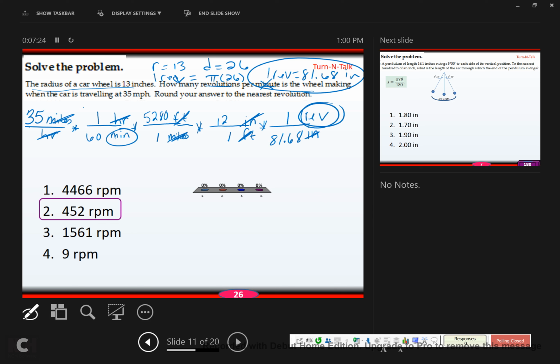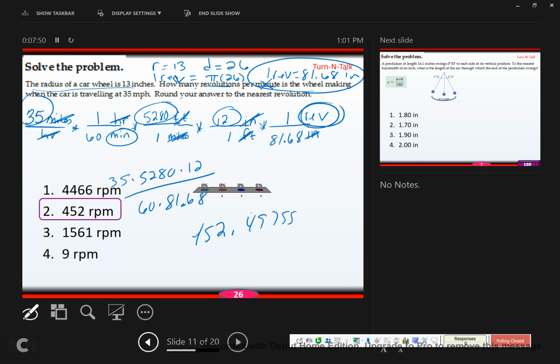So all I do is multiply the top, 35 times 5280 times 12, divided by 60 times 81.68. If you do all that, you get 452.49755, blah, blah, blah. But it said to the nearest revolution, so that's going to leave it 452. Okay?